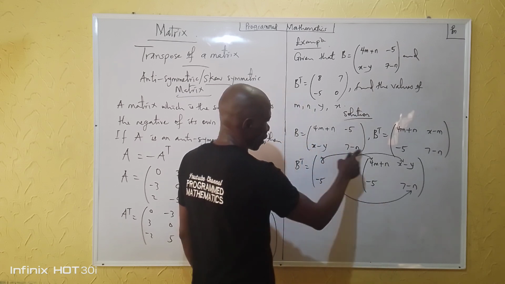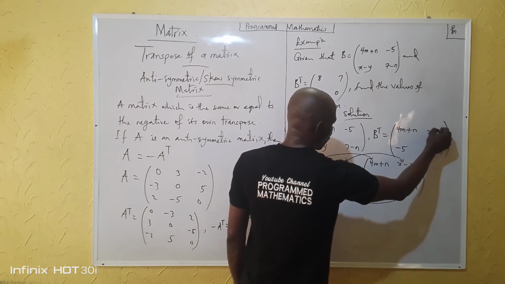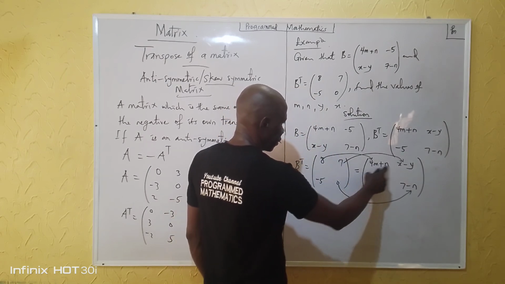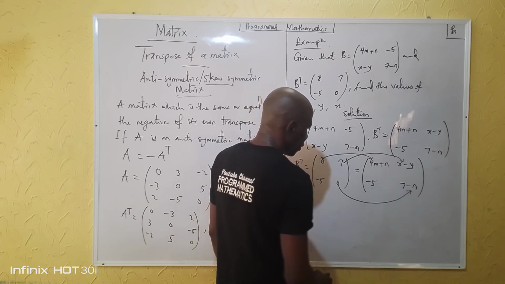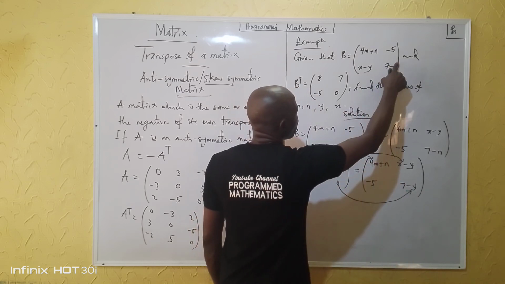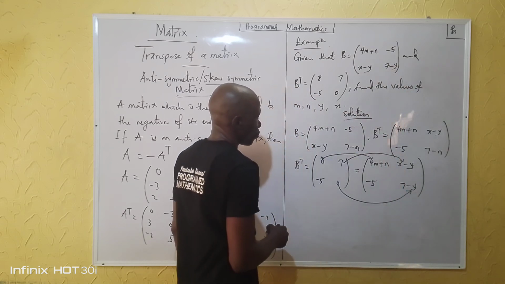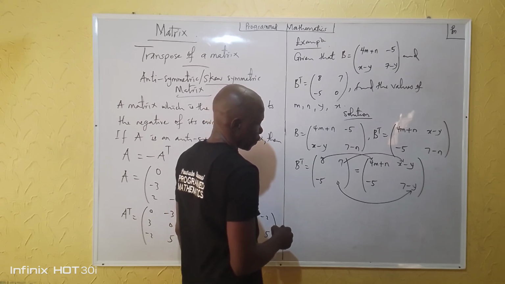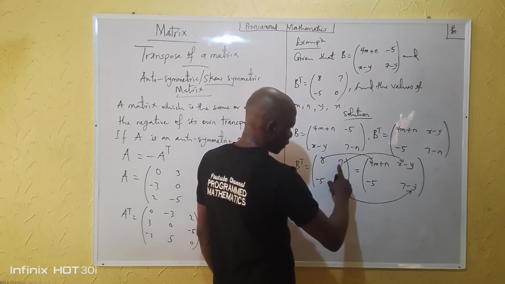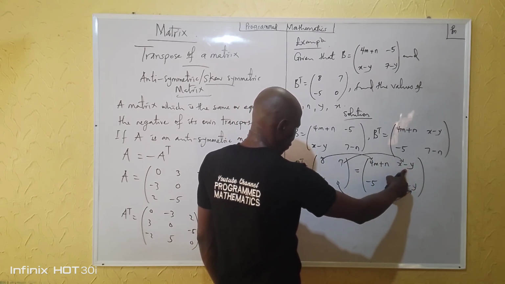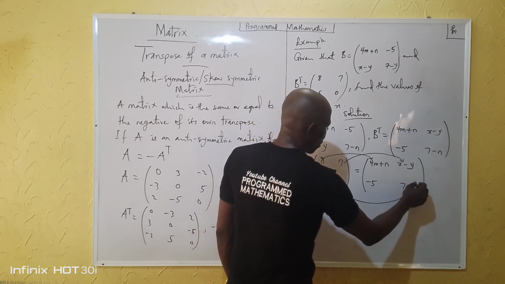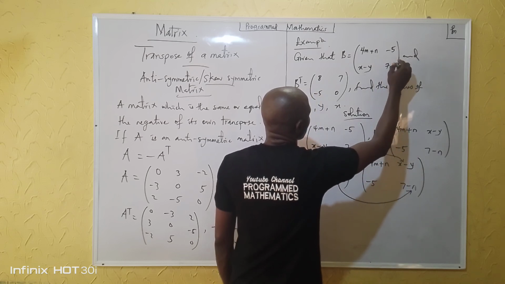If we transpose this back, we have 4m plus n, x minus y, minus 5, 7 minus n. Let me just leave it as n. Whatever the case is, we sort it out.